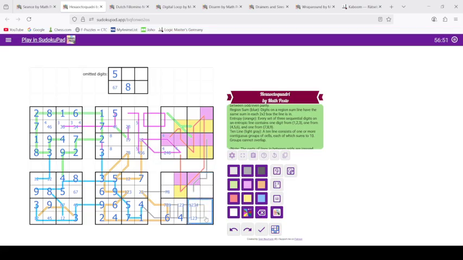Either this is 1, 2, 3, 4, or this is 7, 8, 9 with 6, 7, 8, 9 there.